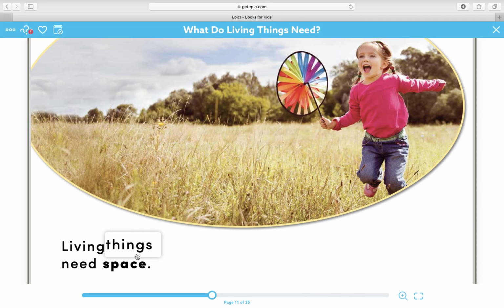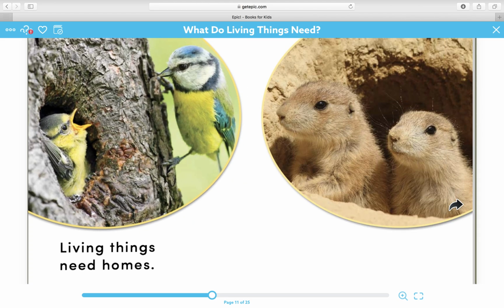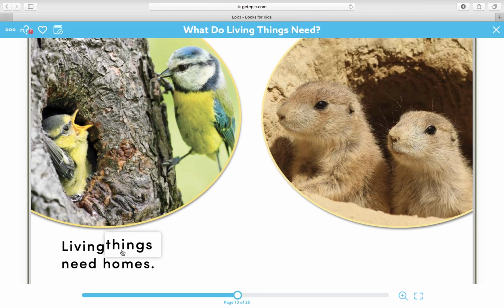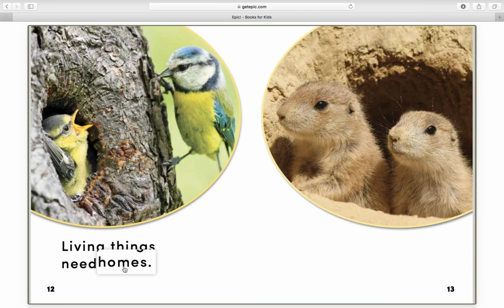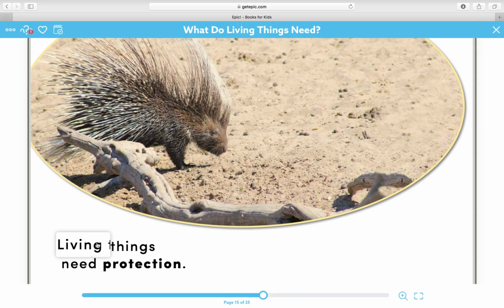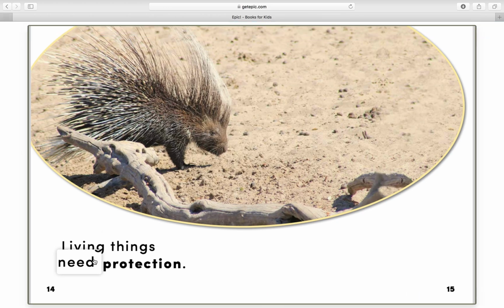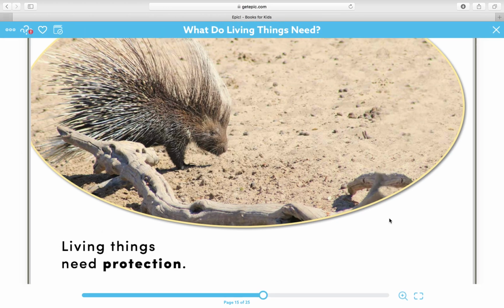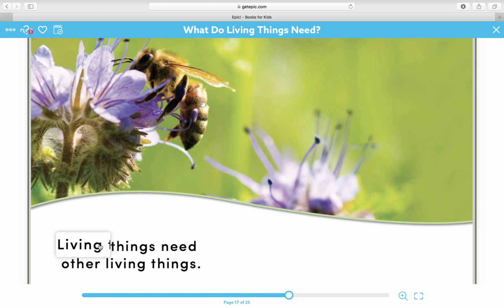Living things need space. Living things need homes. Living things need protection. Living things need other living things.